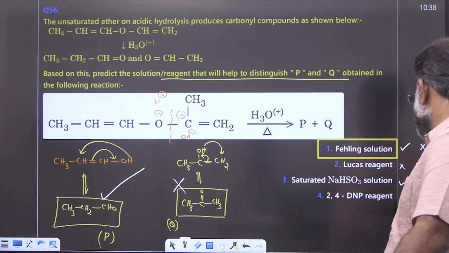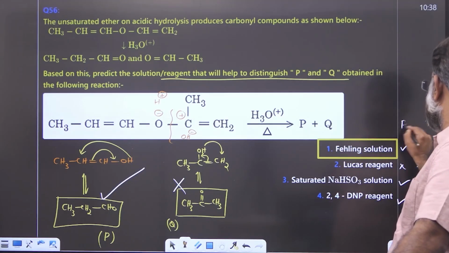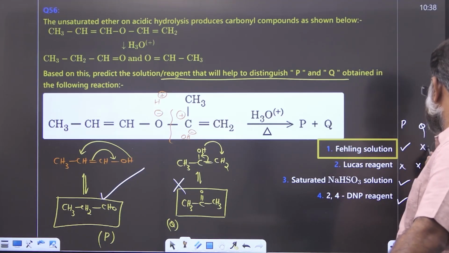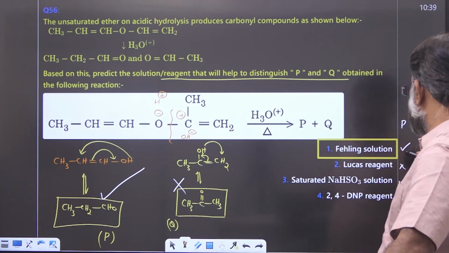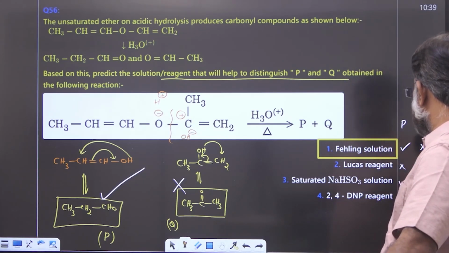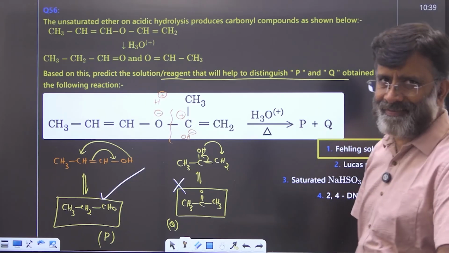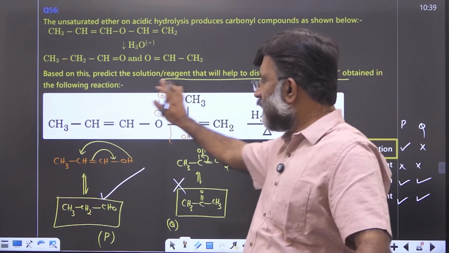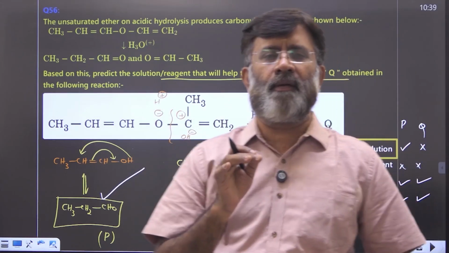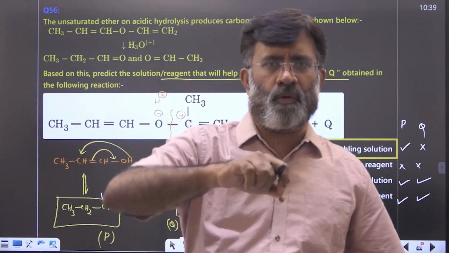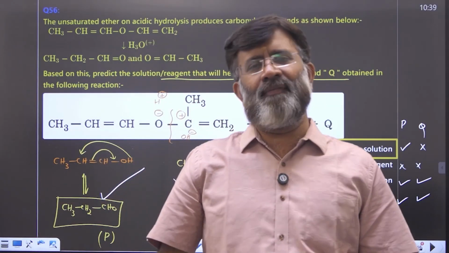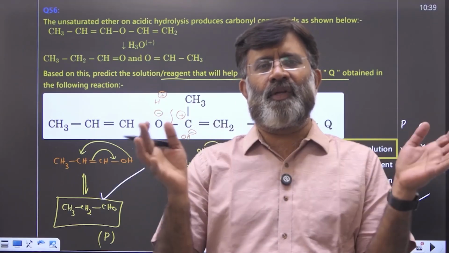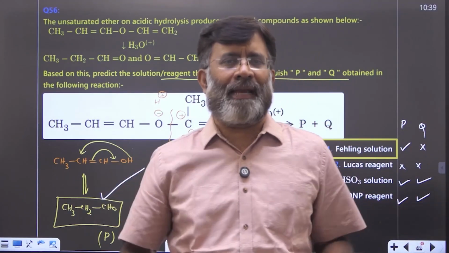And 2,4-DNP, both will react. If you take P and Q, this will be the answer, because P, Fehling's solution will react and Q, no reaction. Okay. So understanding the hydrolysis product and thereafter the tautomerism is very, very important. And then we get the answer by the usual distinguishing reactions. Okay.